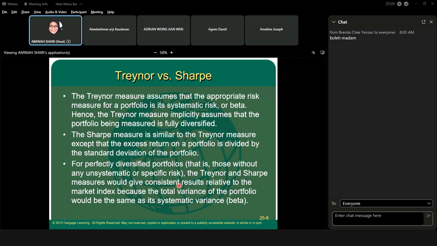Okay, dia mention dekat sini would give consistent result relative to the market index. Okay, because the total variance of the portfolio would be the same as systematic variance. Okay, that is the reason why Treynor and Sharpe bagi consistent result kalau masa perfectly diversified portfolio.